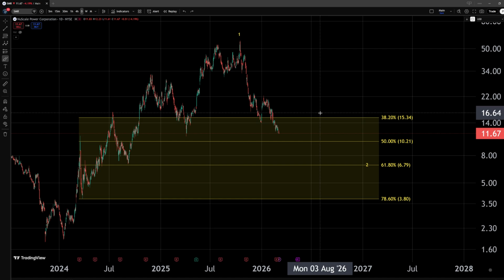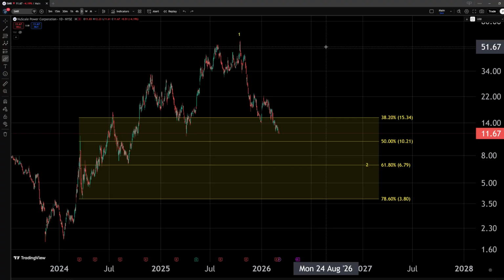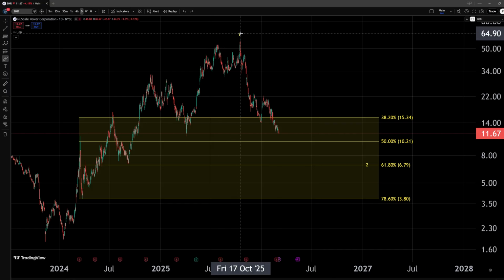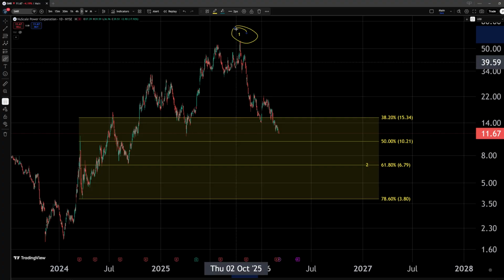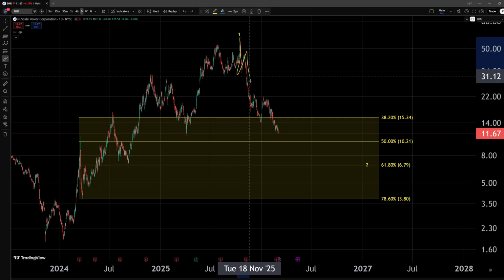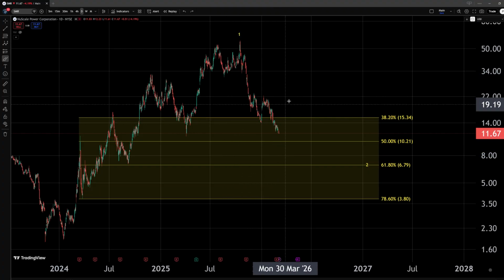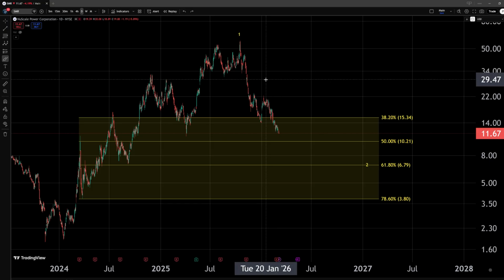But we do know that we are looking at a potentially much larger correction to unfold at this point, as within the yellow interpretation, especially if we consider a wave 1 to have topped here, we would have an initial 5-wave move to the downside within a count or the other, doesn't really matter.